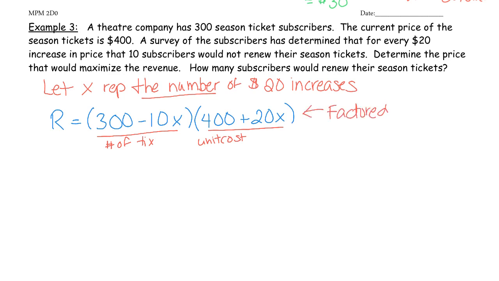So your goal is to come up with an equation for revenue that is in vertex form, okay, based on X. So I'm going to have you pause the video, do some work. So you're going to expand into standard form, then come up with vertex form to find the number of increases. And then we're going to come back together and talk about our conclusions. So go ahead and pause.